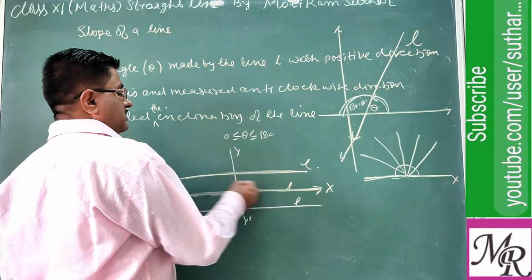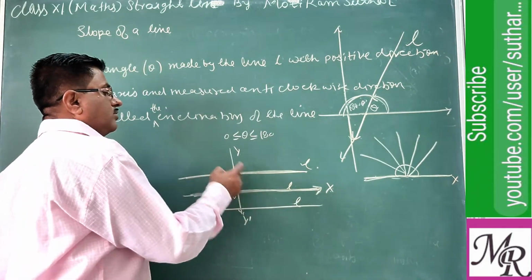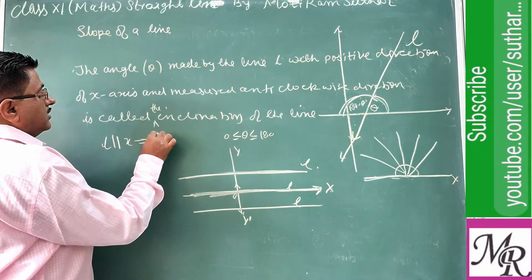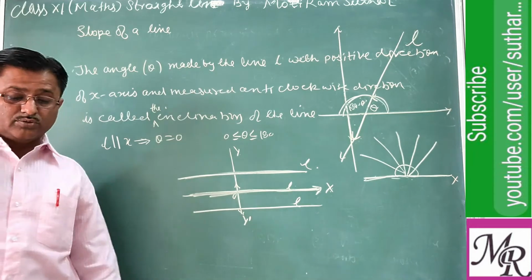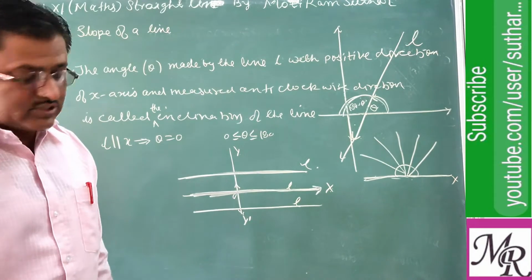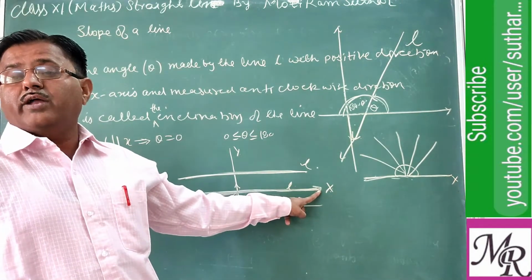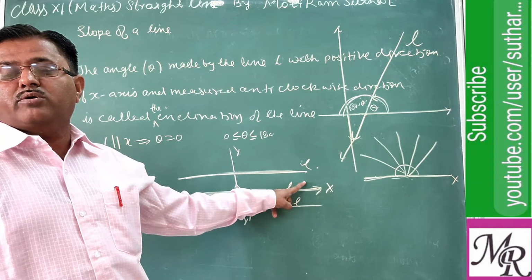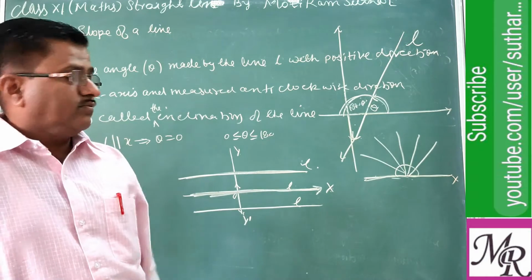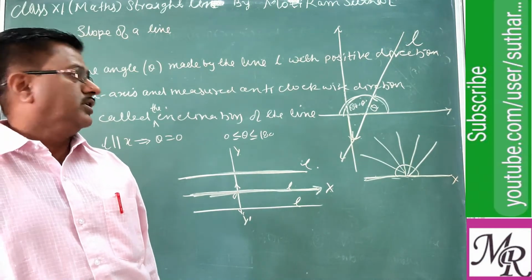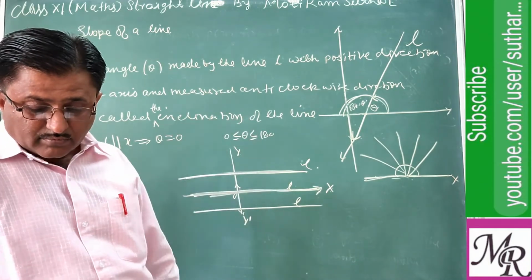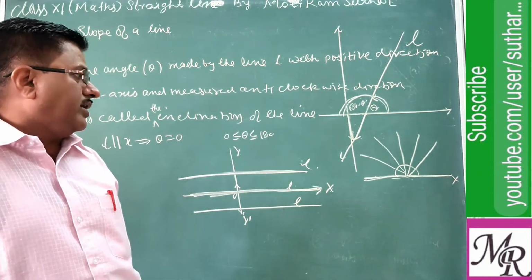So when L is parallel to the x-axis, theta equals 0. The line may be parallel to the x-axis or it may coincide with the x-axis, and the inclination will be 0. Inclination is theta, that definition we already gave. Clear?